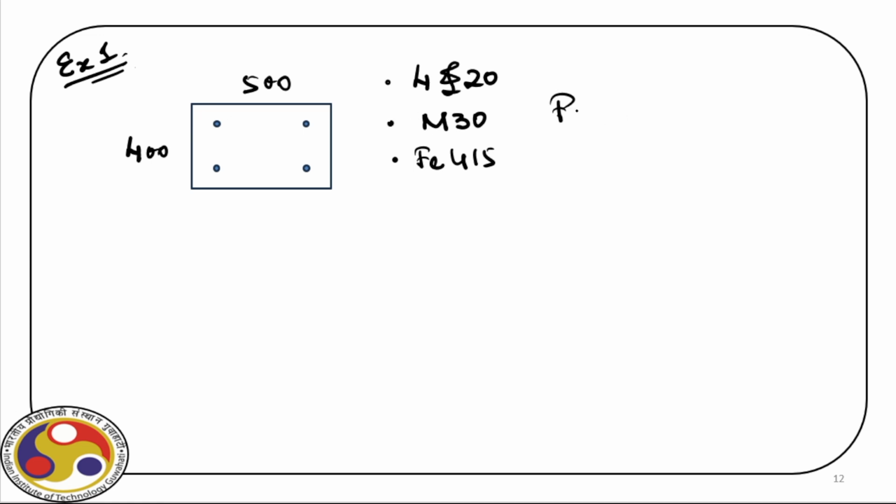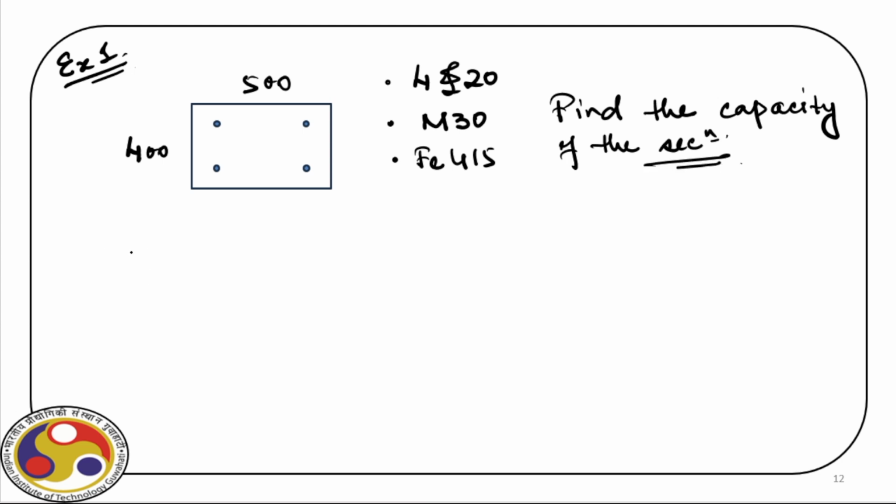Our task is to find the capacity of the section. So what we see here, D minimum is equal to 400 millimeter, and recall this is okay for e minimum of 20 millimeter.